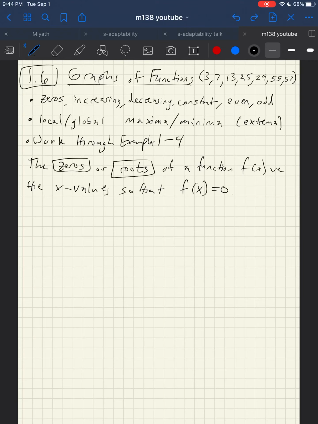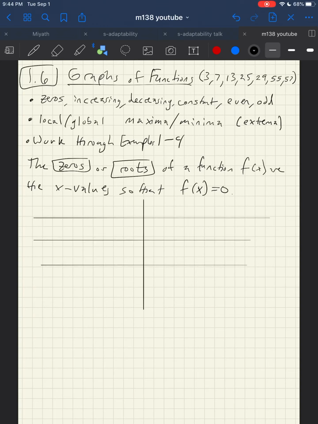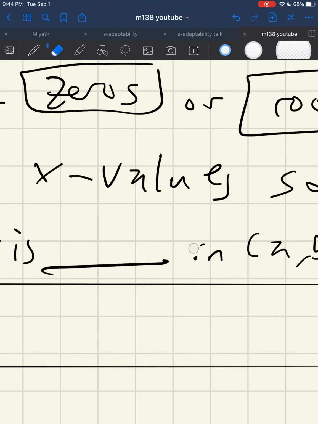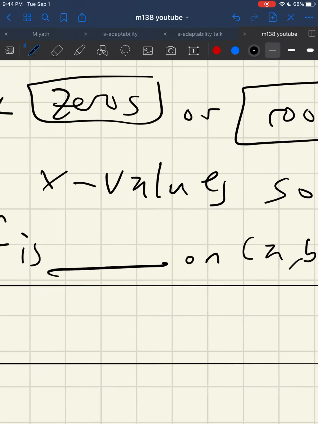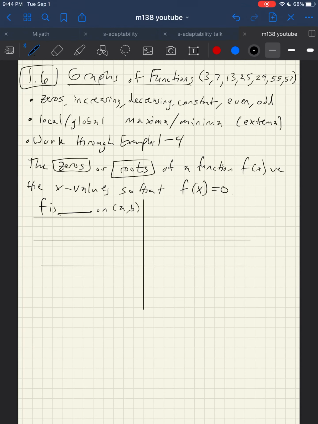And now I want to discuss behavior of some functions. So I'll make a little table here. So we're going to have what the behaviors are. So we've got f is blank on the open interval AB. That's on. My O got a little funky there. F is either increasing or decreasing or constant.